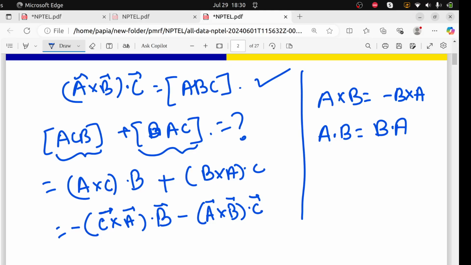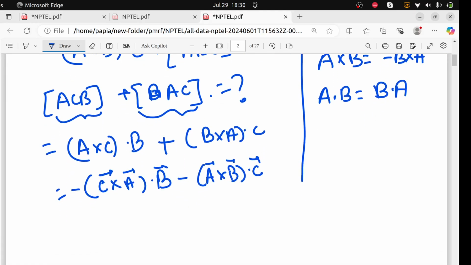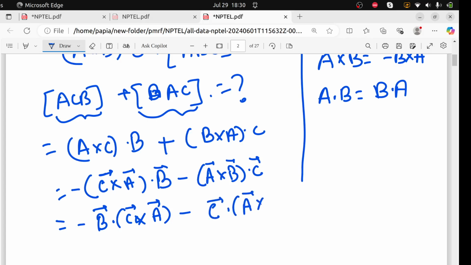Now again, A dot B equals B dot A. So I can write this as minus B dot C cross A, and so C dot A cross B. Okay, fine.